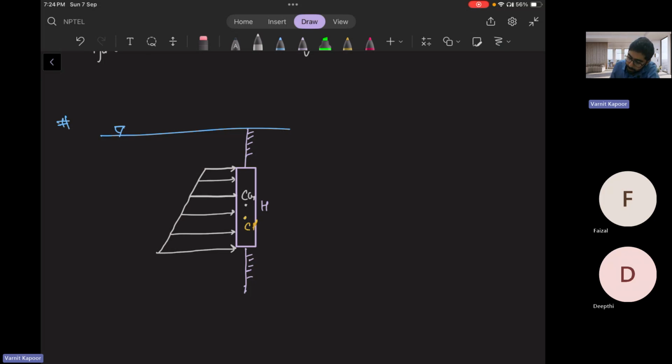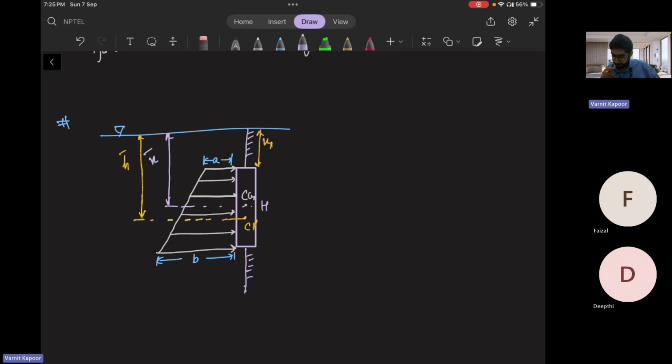So pressure diagram will look like somewhat like a trapezium. Okay. So this distance is how much? Small a. And this distance is how much? Small b. Okay. Suppose this distance is x1. Okay. The center of pressure is at h bar. Center of gravity is at x bar.